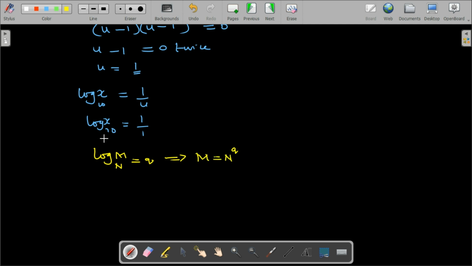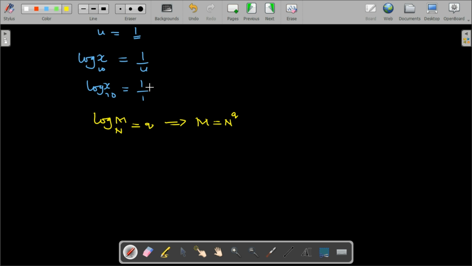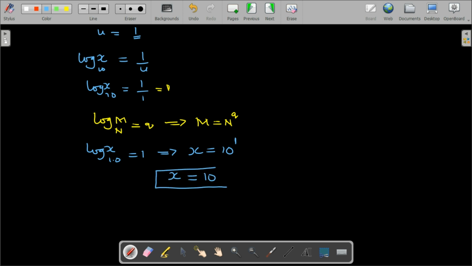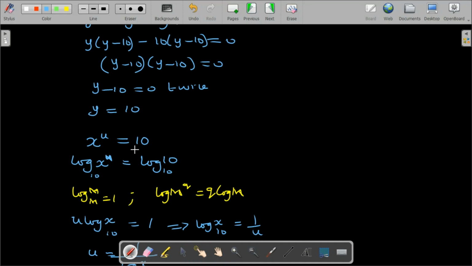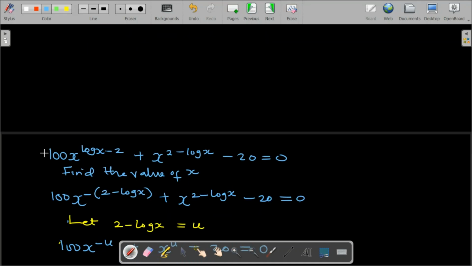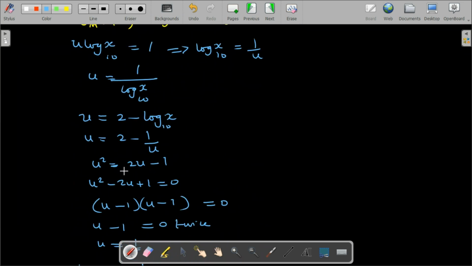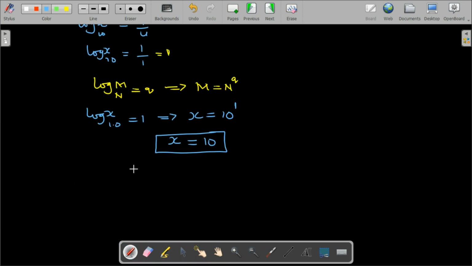We do the same thing here, since this equals 1: logarithm of x to base 10 equals 1 now becomes x equals 10 to the power of 1, which implies that x is going to be 10. So from this expression, the value of x has been found to be 10.